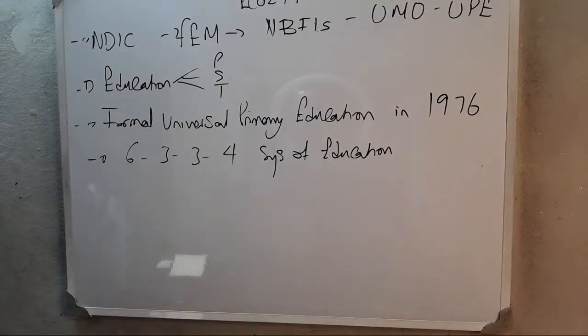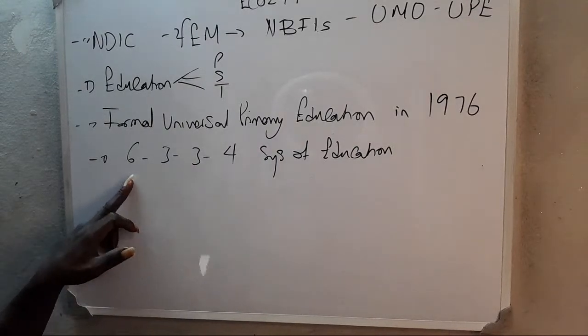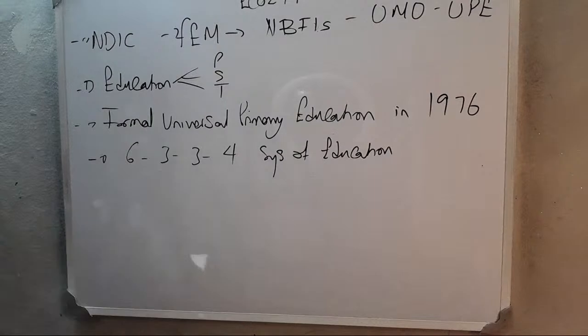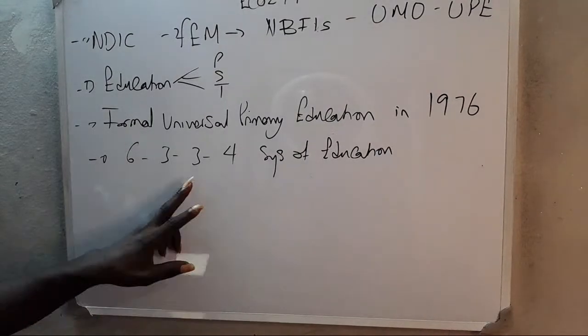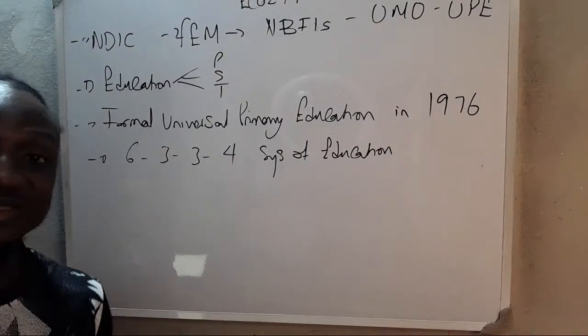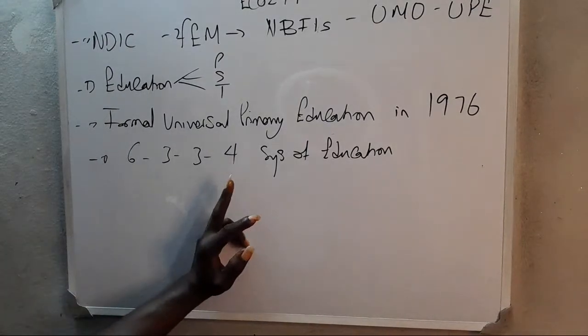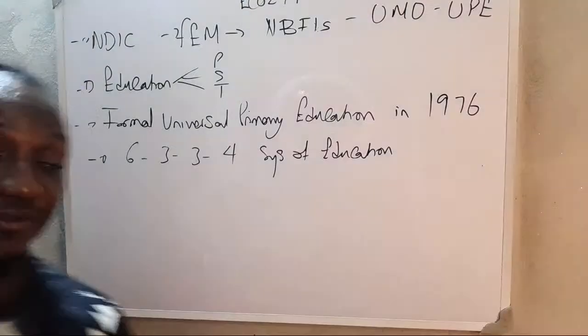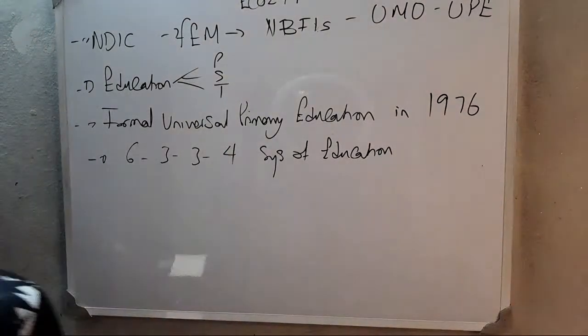Okay, so where we have primary 1 to primary 6, then we have GS1 to GS3, we have SS1 to SS3, then we have university, where most of the courses are 4 years, except for very few of them that are about 5-6 years. So that is that.